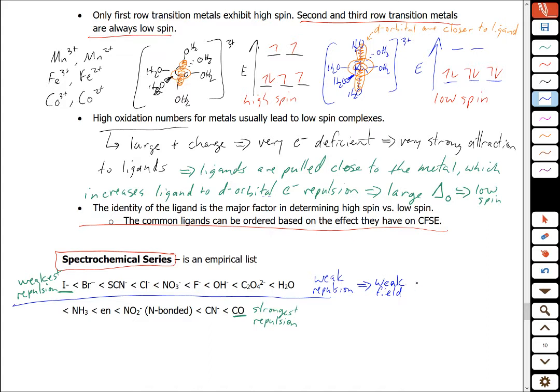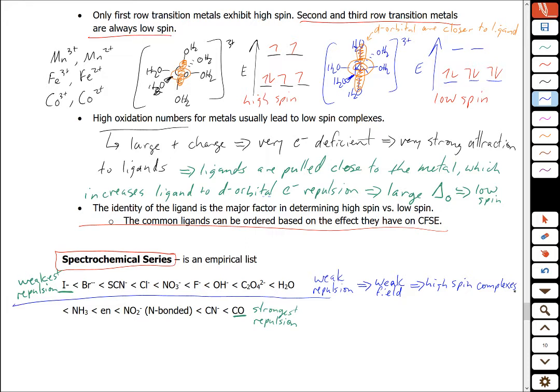Okay, weak field ligands, and weak field ligands give high spin complexes. So all of these ligands on the top row, iodide, bromide, thiocyanate, chloride, nitrate, fluoride, hydroxide, oxalate, and water, those are weak field ligands. They give high spin complexes, meaning that they do not interact strongly with the d orbitals.